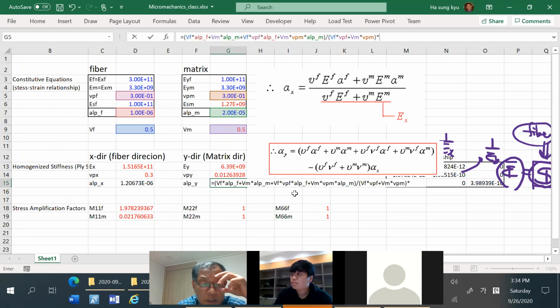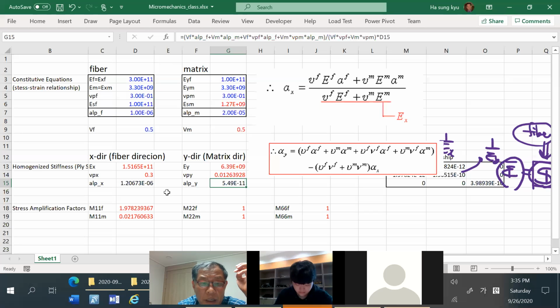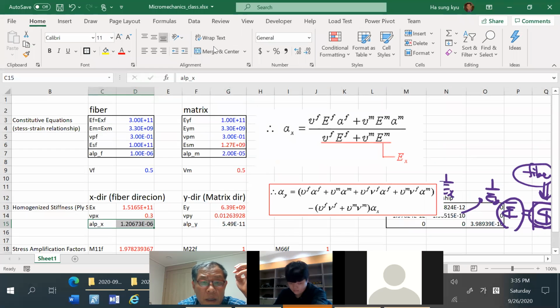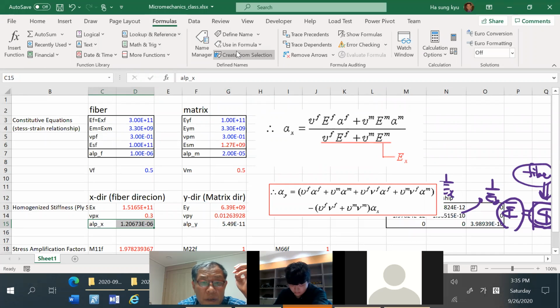Alpha x is which we already have. Okay. Well, we didn't have a name yet, but let's call this one the formula.